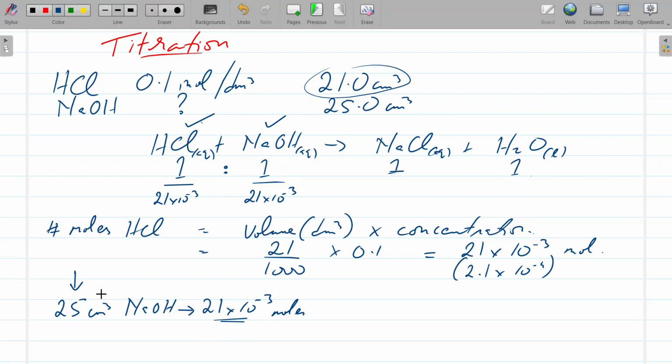So we have the volume, we have the moles. Can we find the concentration? Yes, we can.